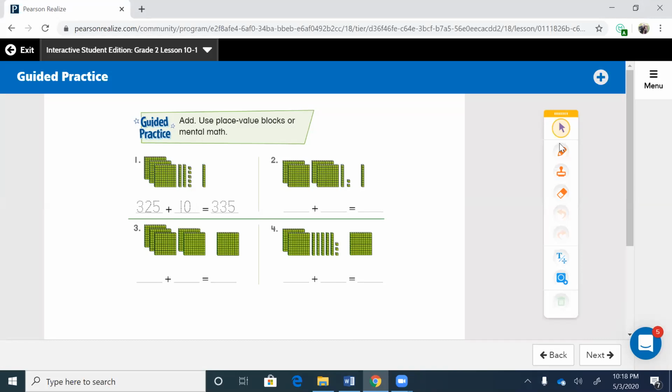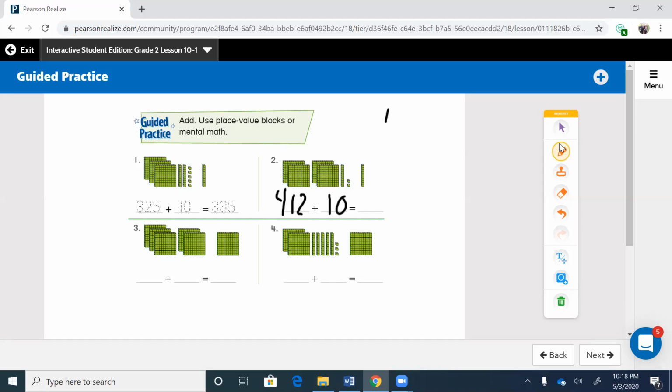The first thing we're going to do is count up our original number. So start with the hundreds: 1, 2, 3, 4. There are 4 hundreds in our number. Then 1 ten, and how many ones? 2. And it says add 10.